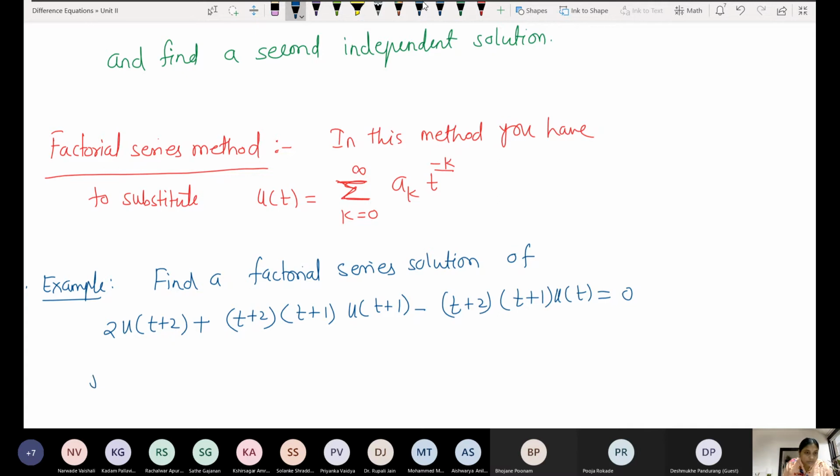Or this also can be written as 2 times u at t plus 2 plus t plus 2 times delta, t plus 1 delta u at t. Either this or this.